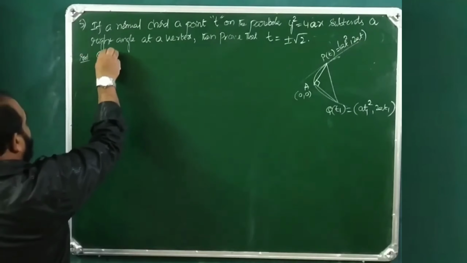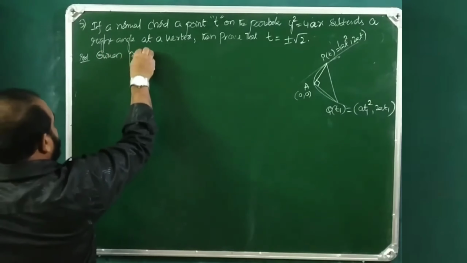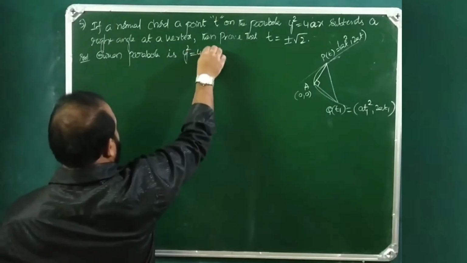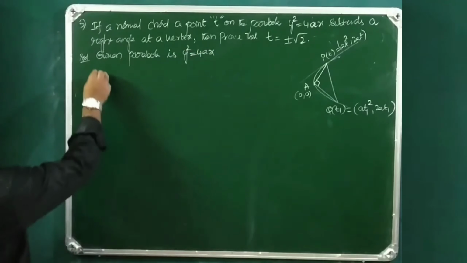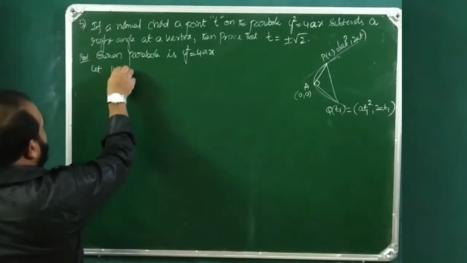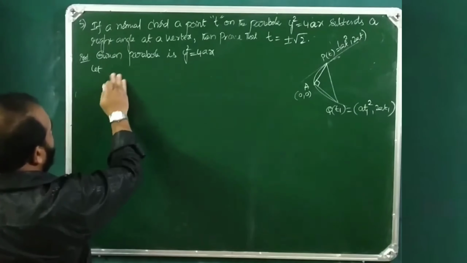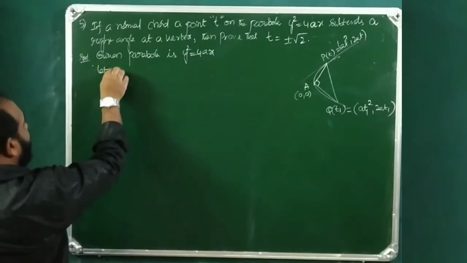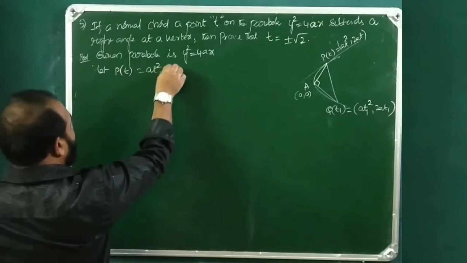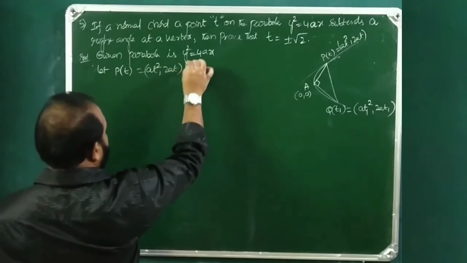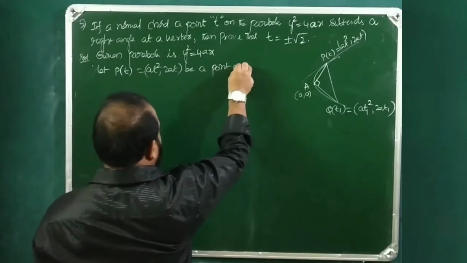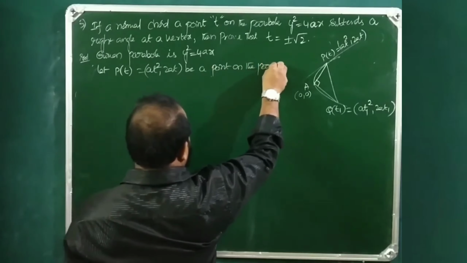Solution. Given parabola is y square equals 4ax. Let P of t, which is at square comma 2at, be a point on the parabola.